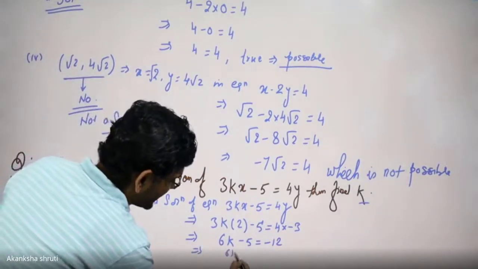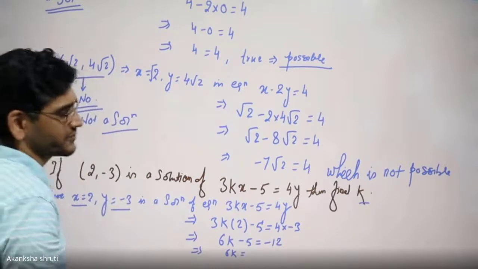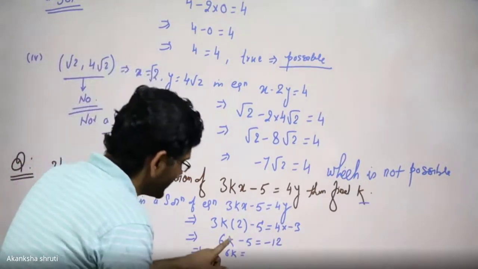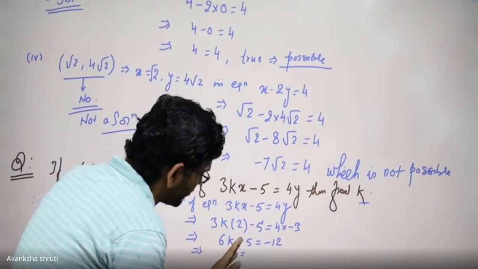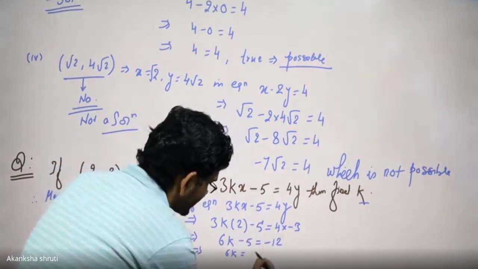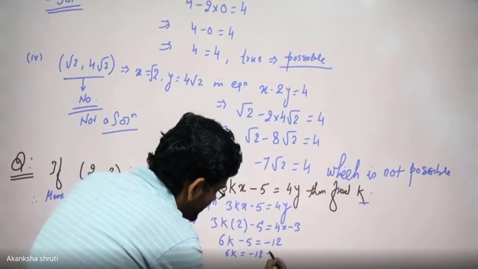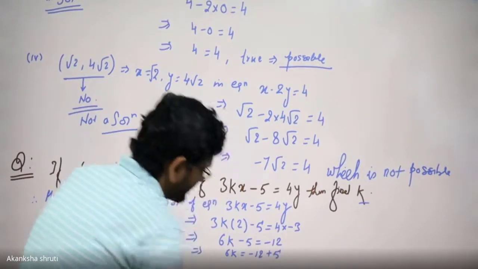So 6k, just recall the concept of fifth or sixth. Here we have learned that the unknown is kept on one side and all the constants are sent to the other side. So minus 12 plus 5.